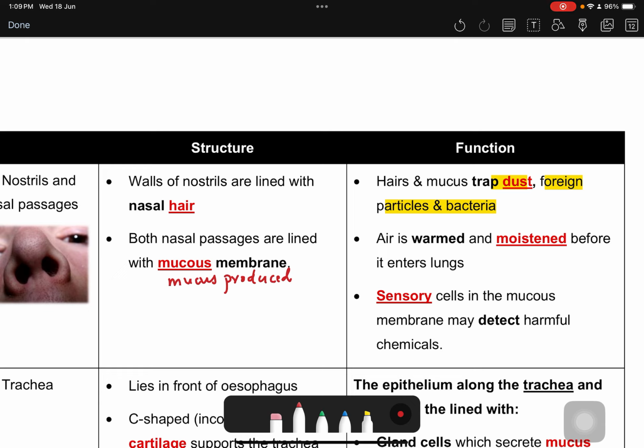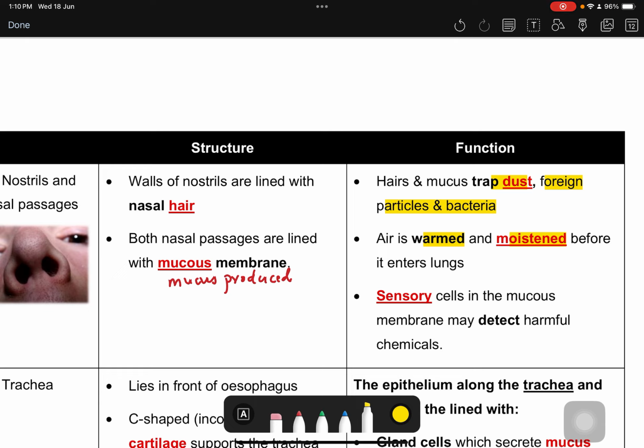Let's try a few times until you are convinced. So why is that so? Why is the expelled air actually warmer? It's because as air enters your respiratory system, it's being warmed and moistened before it enters your lungs. So that explains the difference in the temperature.